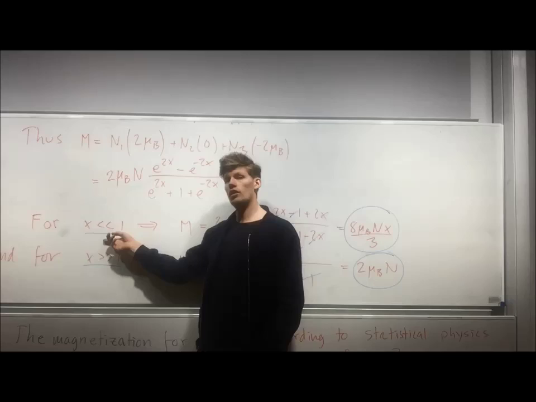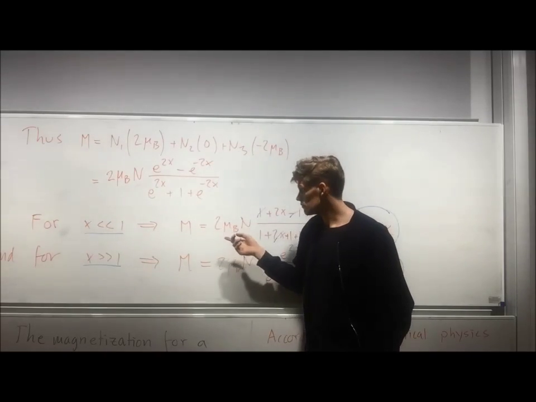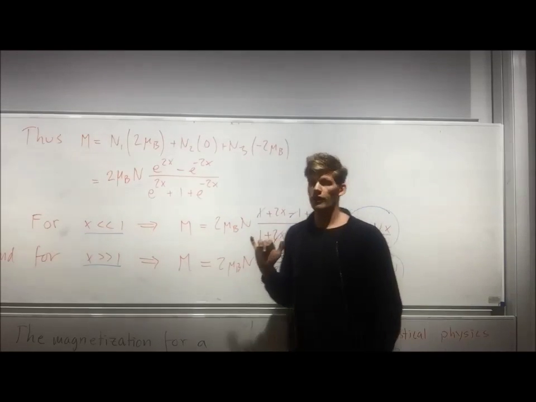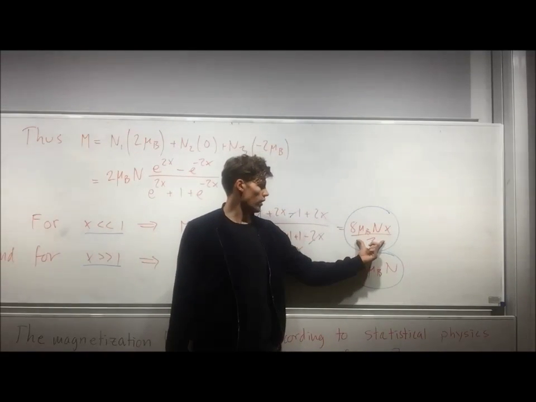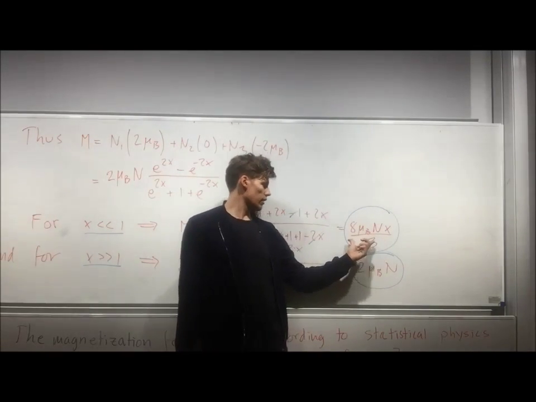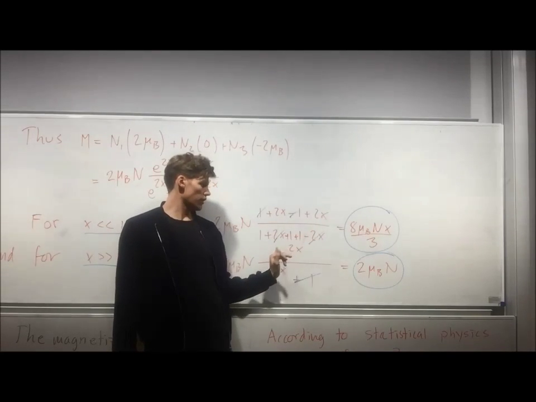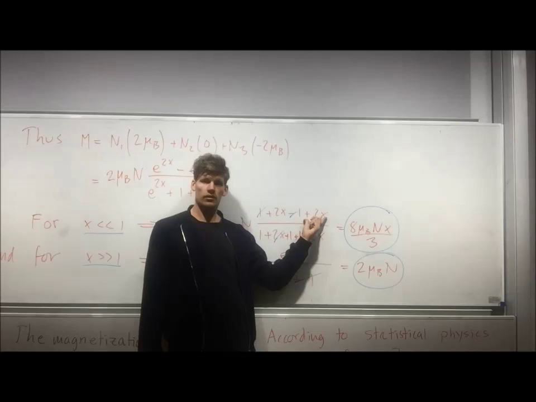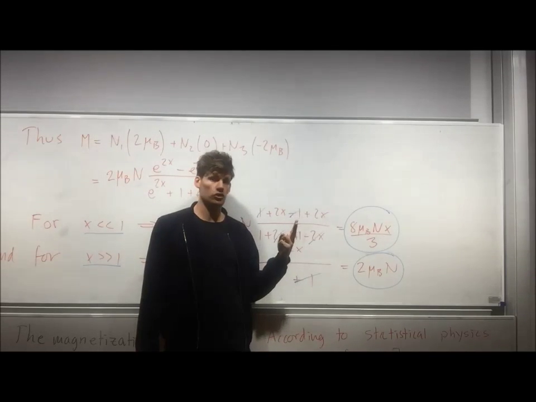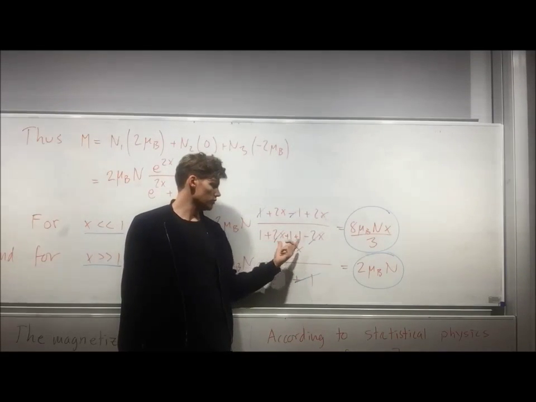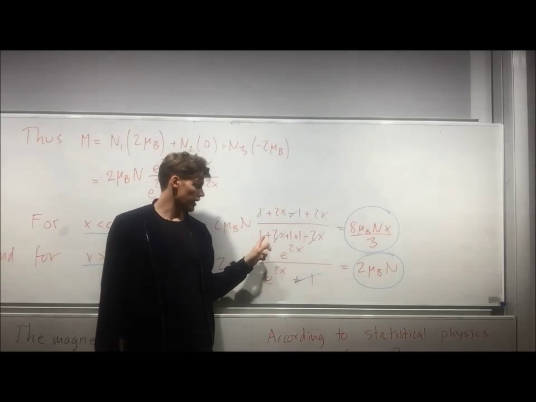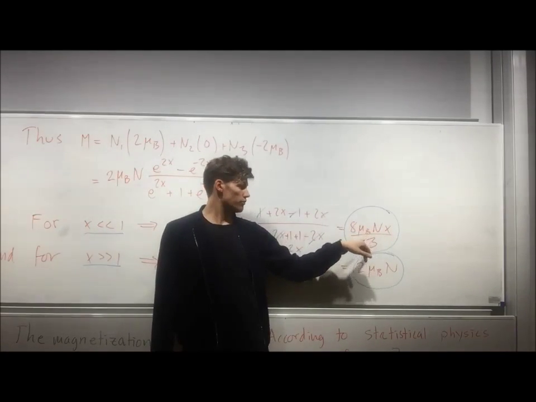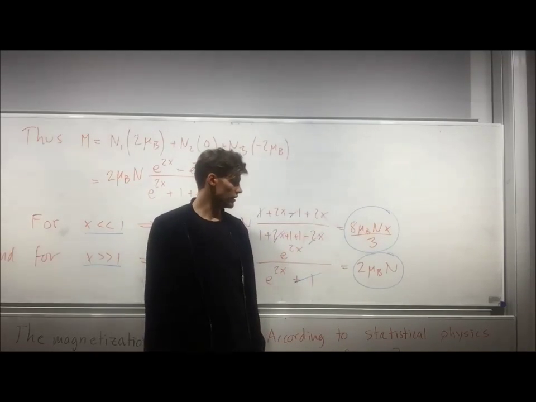Now, if you go to the low limit for x, you can Taylor expand the expression, and you will finally get the value 8 mu B times, so this is how I do the Taylor expansion here. I replace it by the first two terms in the exponential, and then I cancel out, and you get this value in terms of x.